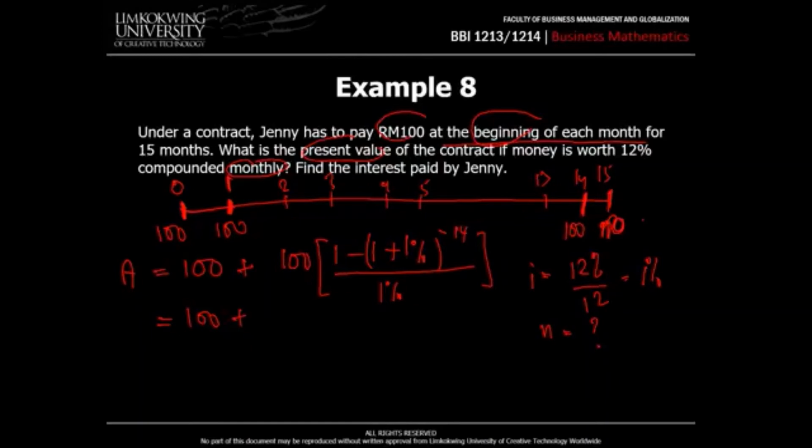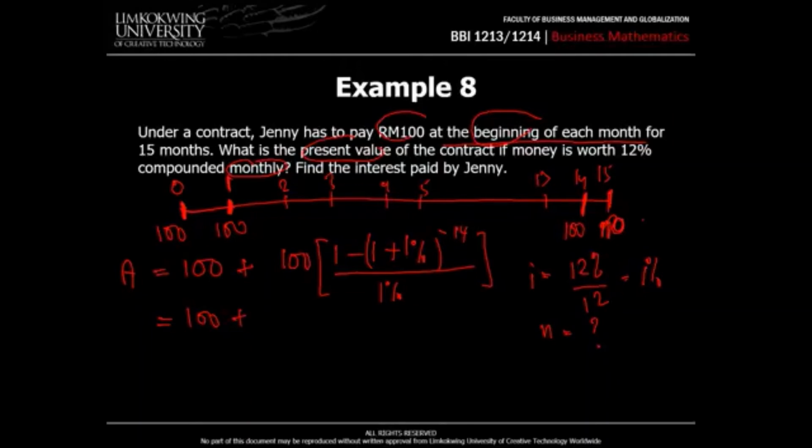1 plus 1 over 100, to the power of negative 14. 1 minus answer, divided by 1 over 100.